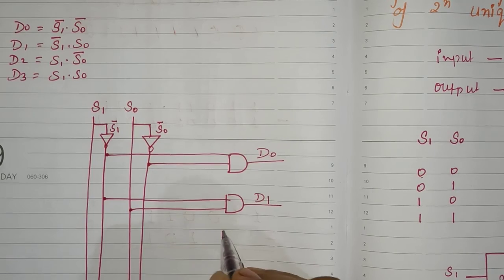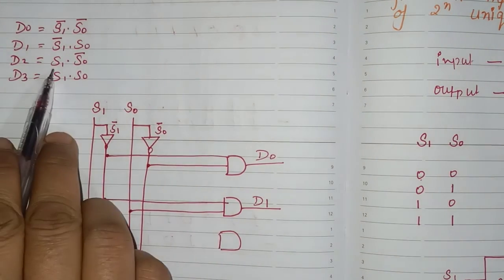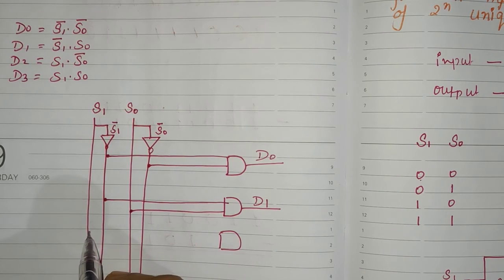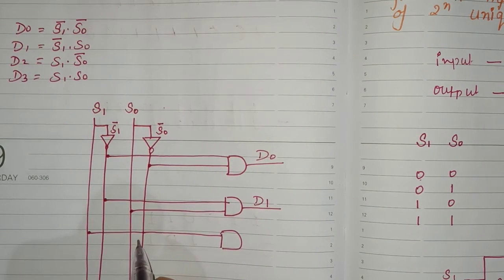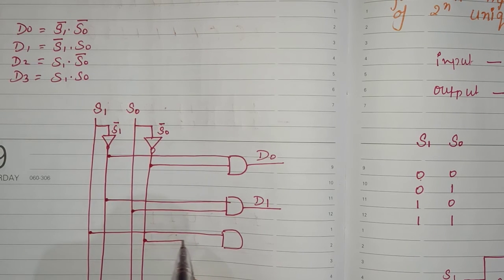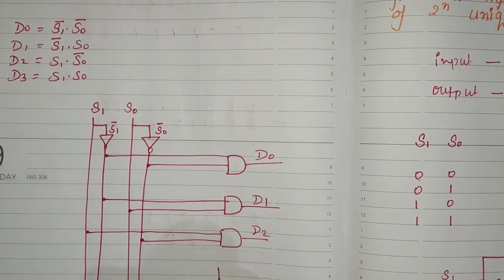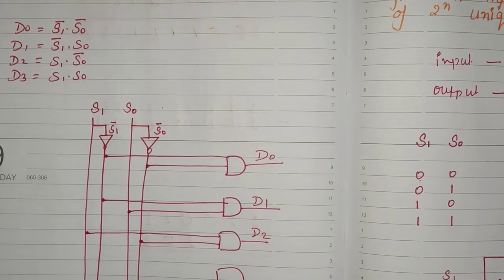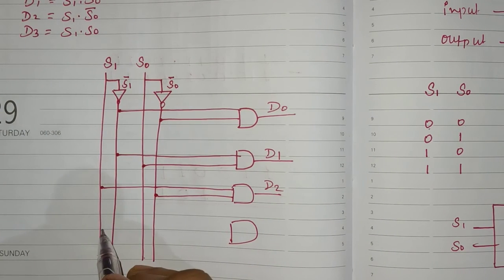Next is D2. For D2, S1 is without bar and S0 is with bar. Like that, here we get D2. And the last one is D3. For D3 the expression is 1 1.